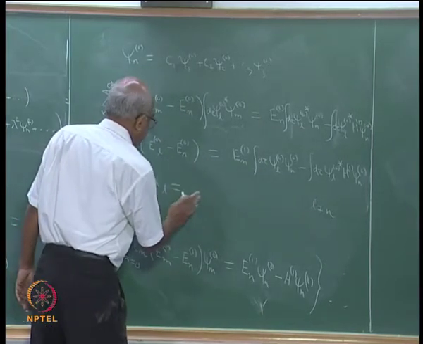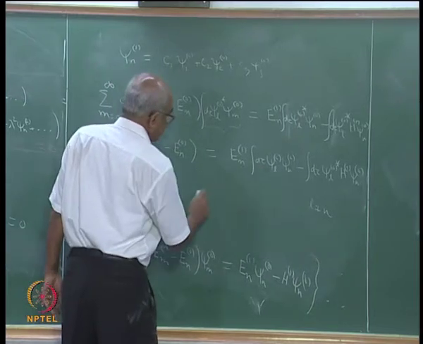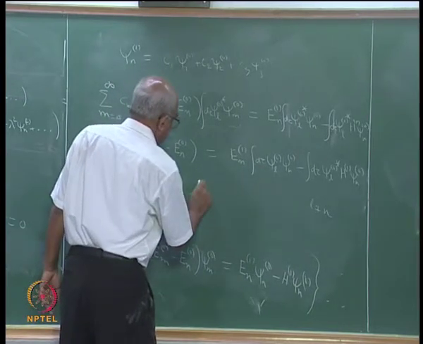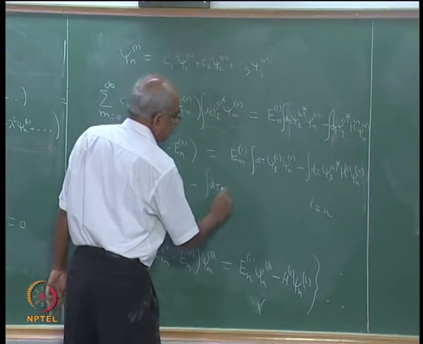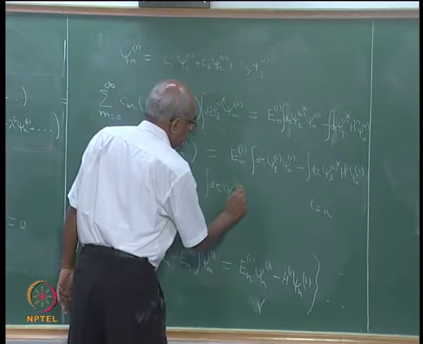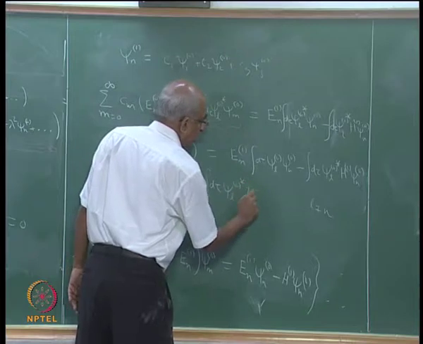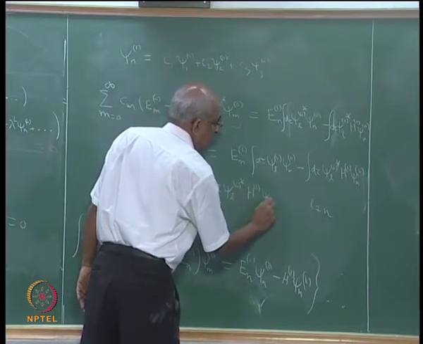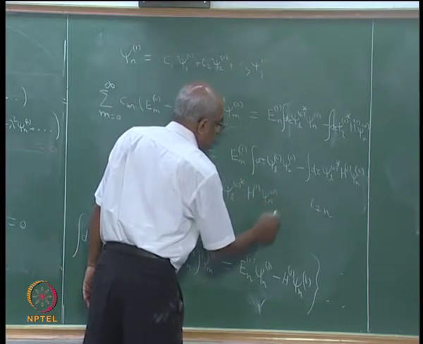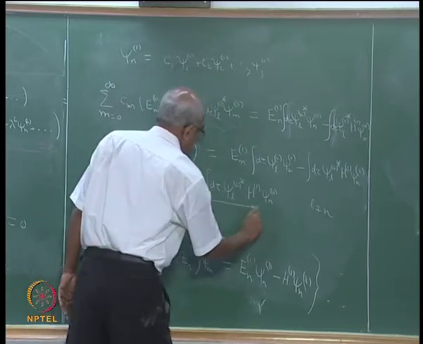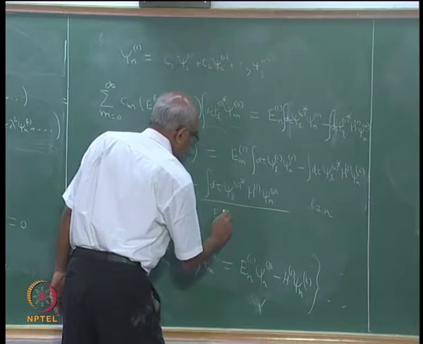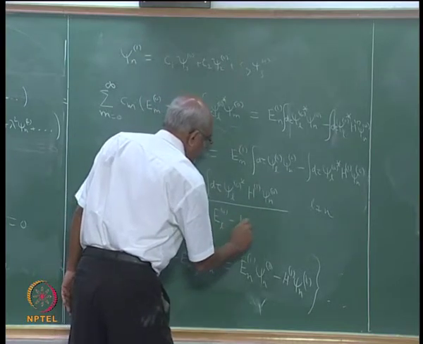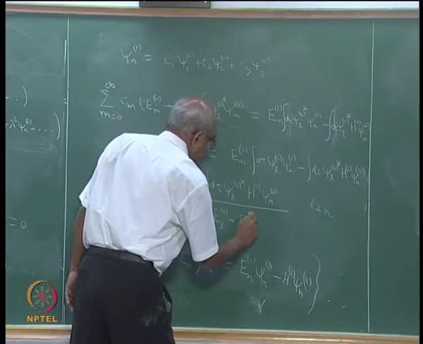What will be the equation? CL will be, this will vanish, and therefore, you will have integral negative sign with psi L0 star H1 psi N0 divided by EL0 minus En0.